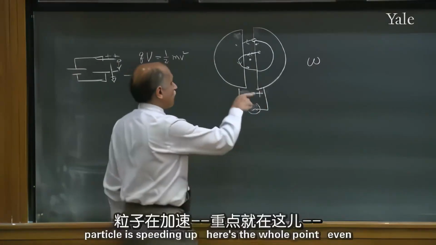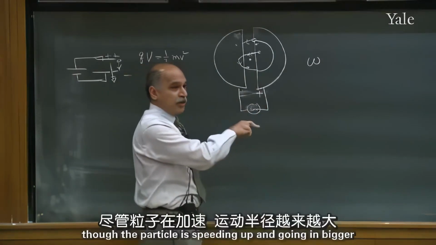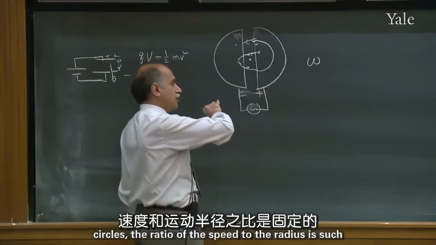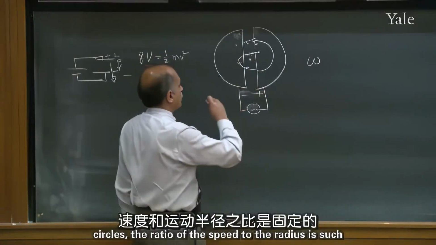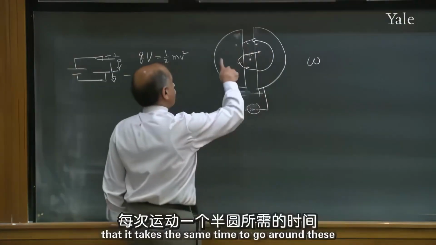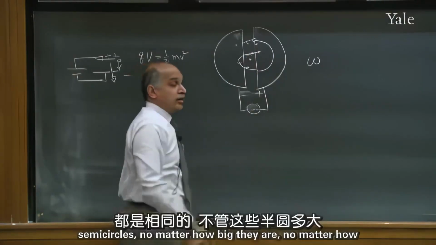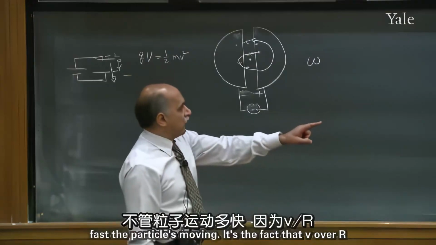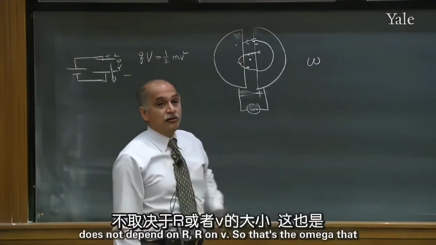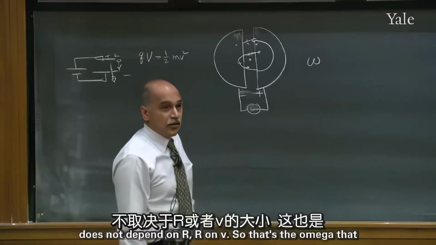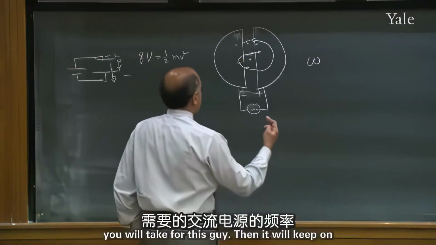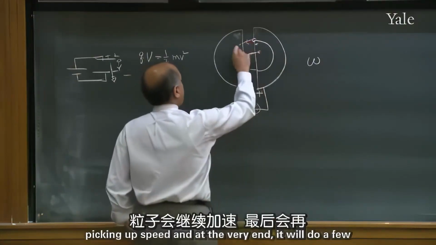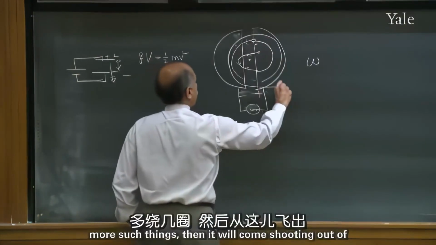Even though the particle is speeding up and going on bigger circles, the ratio of the speed to the radius is such that it takes the same time to go around these semicircles, no matter how big they are, no matter how fast the particle is moving. It's the fact that v over r does not depend on r or on v. So that's the omega that you will take for this guy. Then it'll keep on picking up speed, and at the very end, it'll do a few more such things, then it'll come shooting out of here.